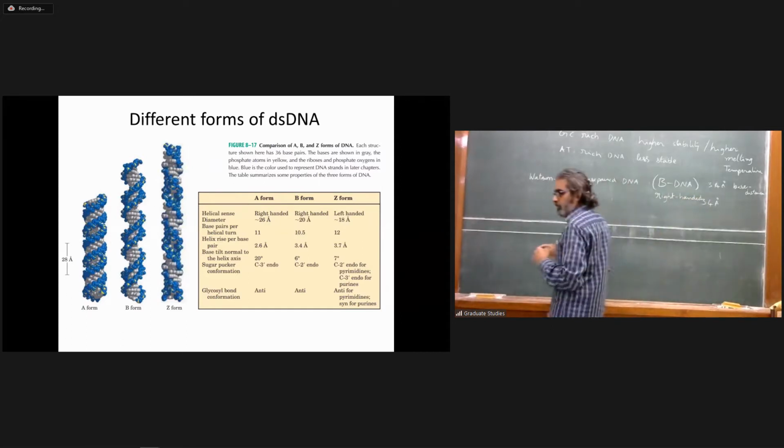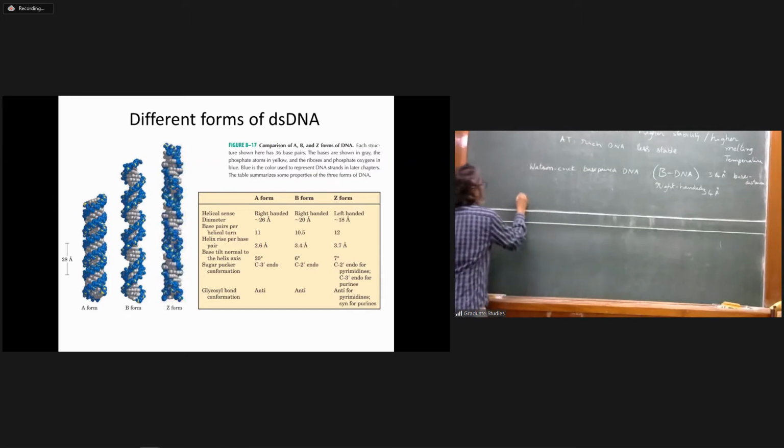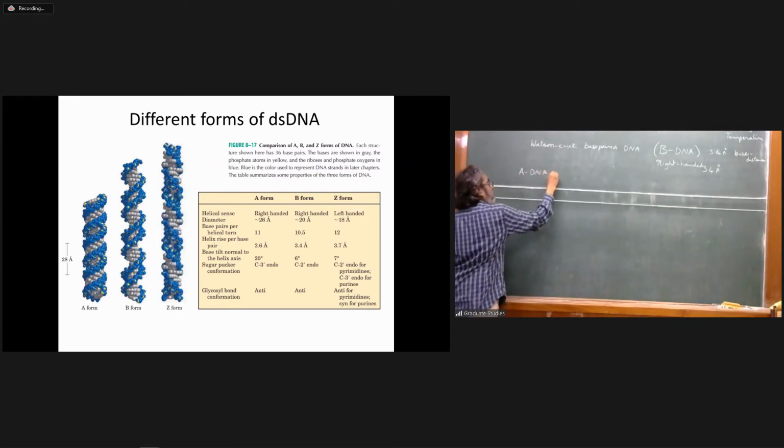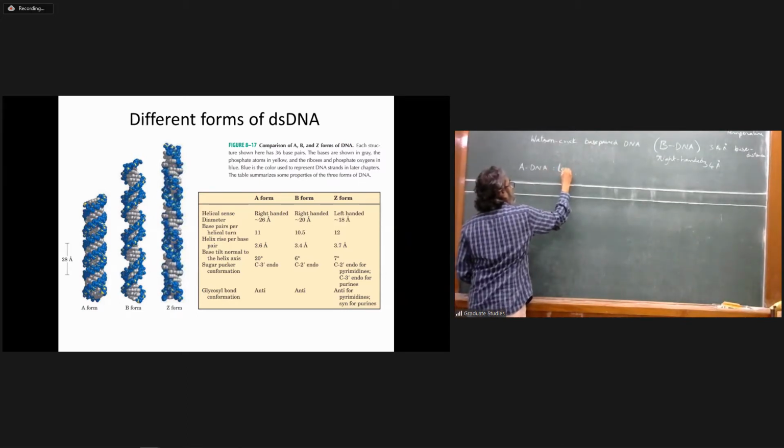So this is a more stable DNA, but nevertheless, the other forms shown here, A form and Z form, also occur. A form can occur in less aqueous or dehydrated conditions.